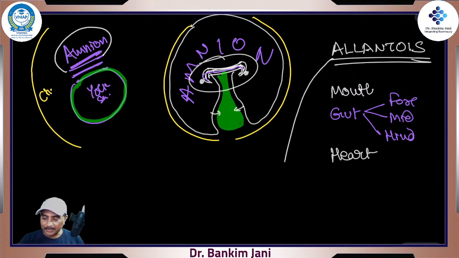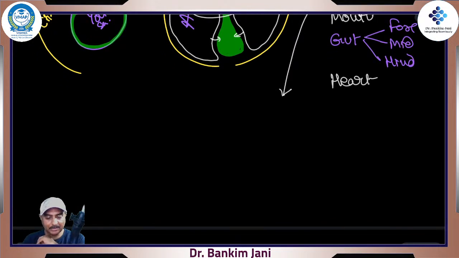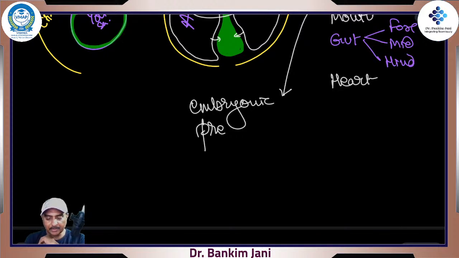The allantois is, in one simple word, the embryonic precursor of the umbilical cord, right? Precursor means in future it will become what? The embryonic precursor will become the umbilical cord.